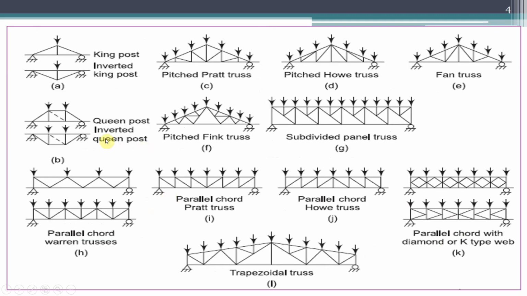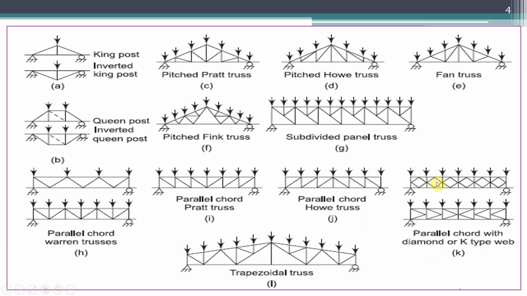Now let us study different types of roof trusses. This is a king post roof truss, then pitched Pratt truss, pitched Howe truss, fan truss, then this is a queen post, inverted queen post, then this is a pitched Fink truss, this is a subdivided panel truss, then this is a parallel chord Warren truss, this is a parallel chord Pratt truss, parallel chord Howe truss, parallel chord with diamond or K-type web.